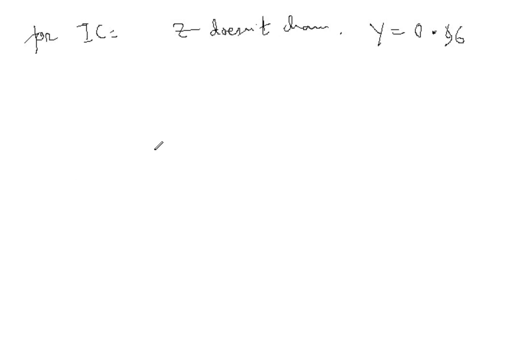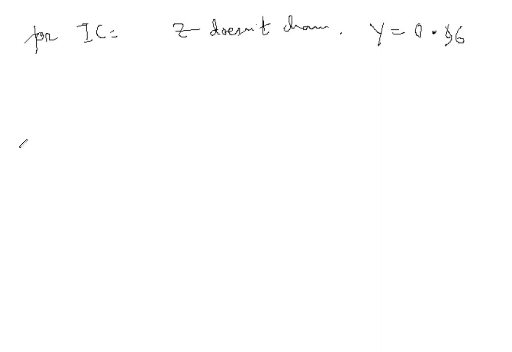Remember this, right? Now for the isothermal core, this means all hydrogen is burnt and Z doesn't change. So what about Y? Y is just the rest. Since x is equal to 0, y plus z is equal to 1. Since z doesn't change, y is equal to 1 minus z, equal to 0.96.